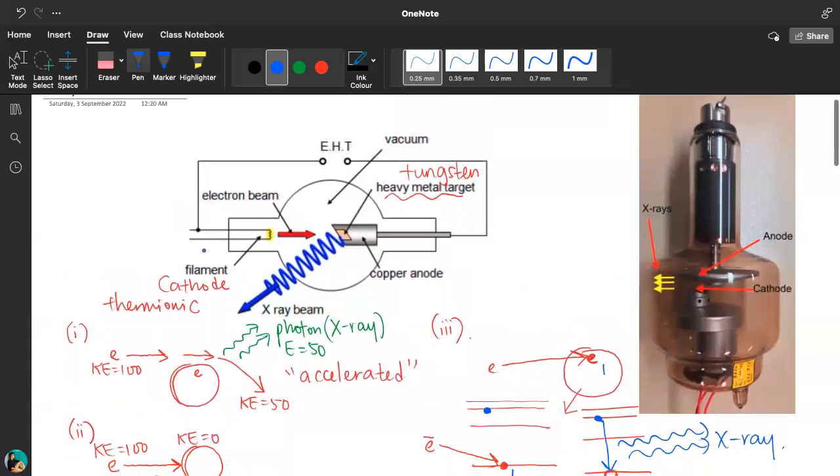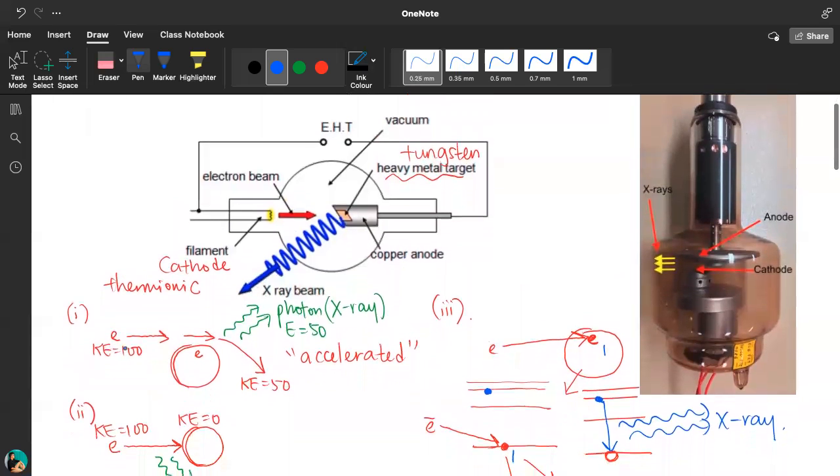Now, see, all the accelerating electron, here we are just talking about one electron having kinetic energy of 100. If you hit the filament, it produces billions and billions of electrons, and all this electron is not moving at the same speed. They have different kinetic energy. So some have 100, some 200, some 1000. So different energy, different range of the kinetic energy. When they slow down, you produce different range of photon energy here.